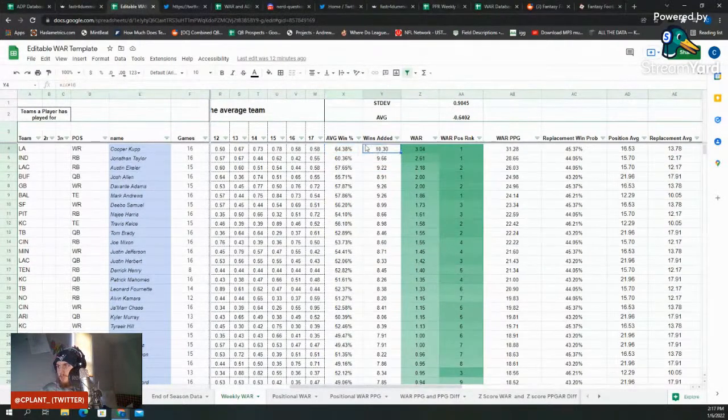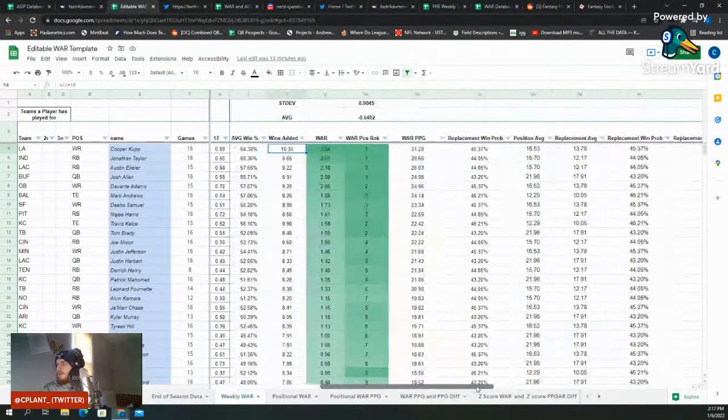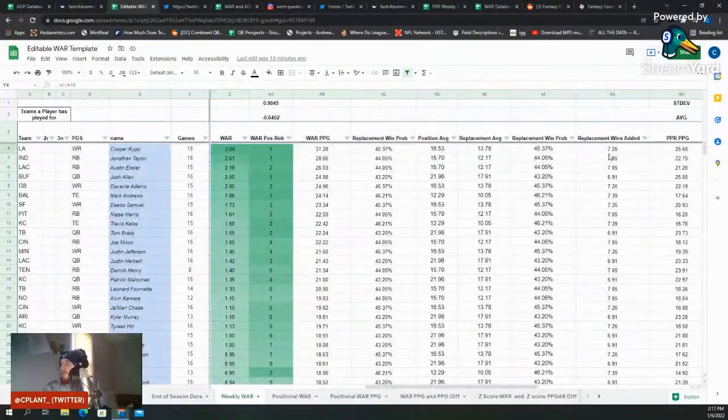So you multiply this win percentage by 16, and then you get the amount of wins that they added in total, right? Then you do the same thing: you figure out how many replacement wins you would get from a replacement player over the course of the whole season. So you multiply the replacement level win probability times 16, and for wide receiver you get 7.26 wins added, right?